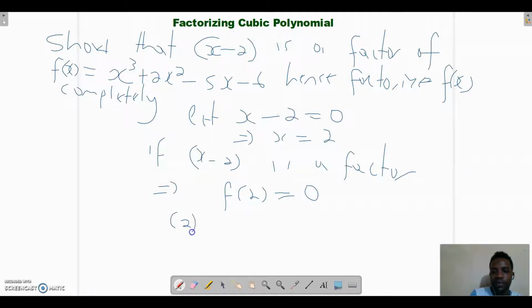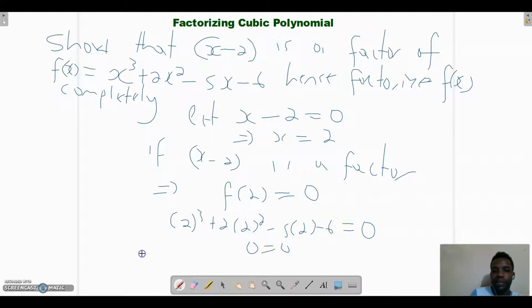I'm going to have 2 cubed plus 2 times 2 squared minus 5 times 2 minus 6 should be equal to 0. And I could use my calculator to put in all of this. Now when I plug all of this into my calculator, I'm going to end up with 0 equals 0.